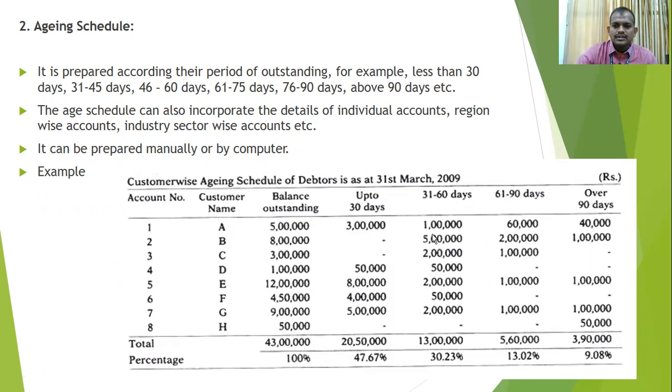So these are the outstanding balances. The aging schedule can also incorporate the details of individual accounts, region-wise accounts, industry sector-wise accounts. It can be prepared manually or by computer. Nowadays, everything is in computer.